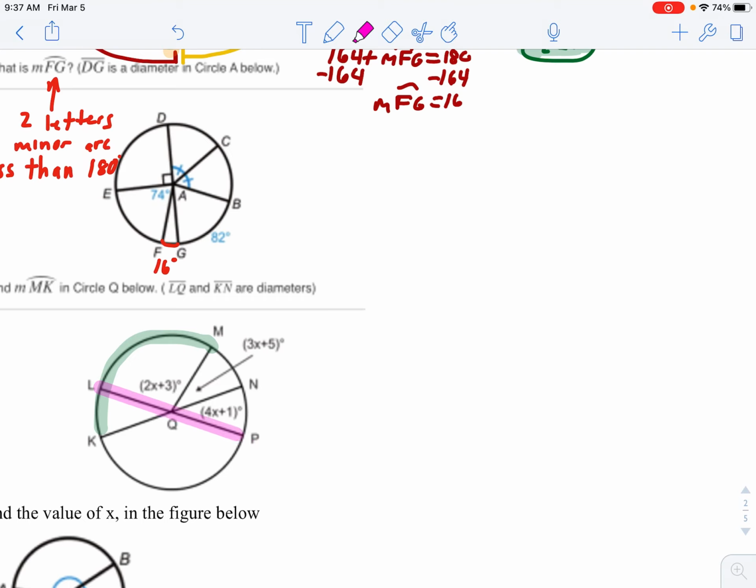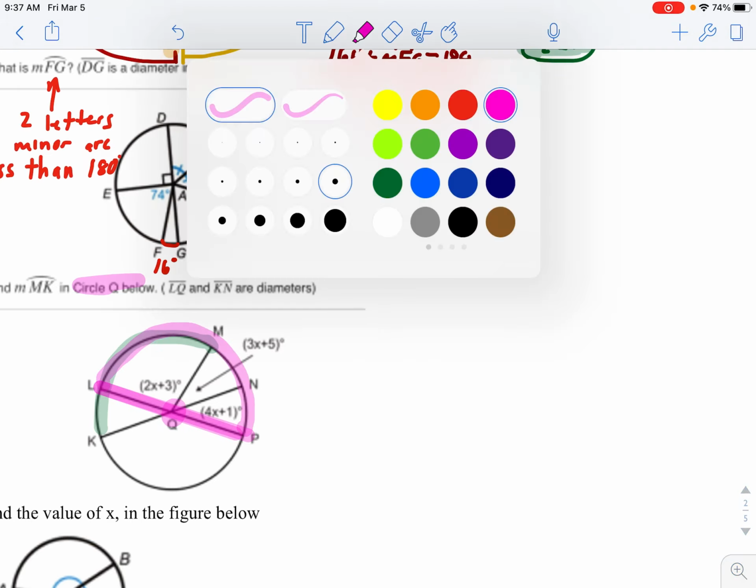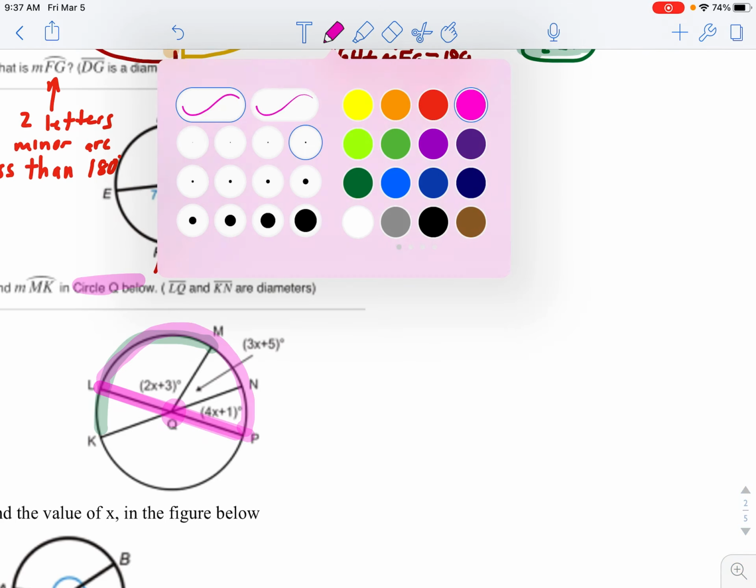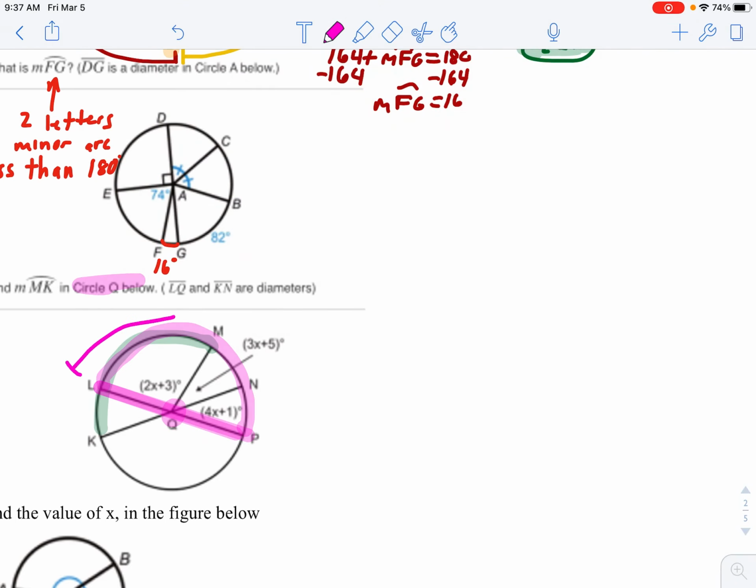Since it's circle Q, we know Q is the center. LP is a chord that goes through the center. It's a diameter, so this is a semicircle. So we know that's 180.